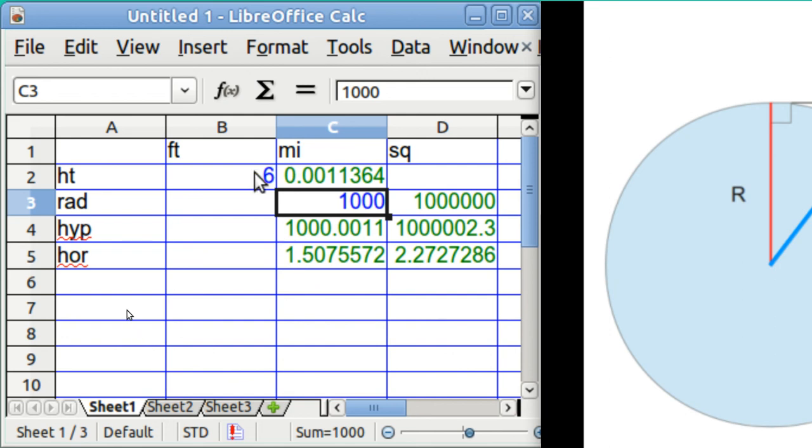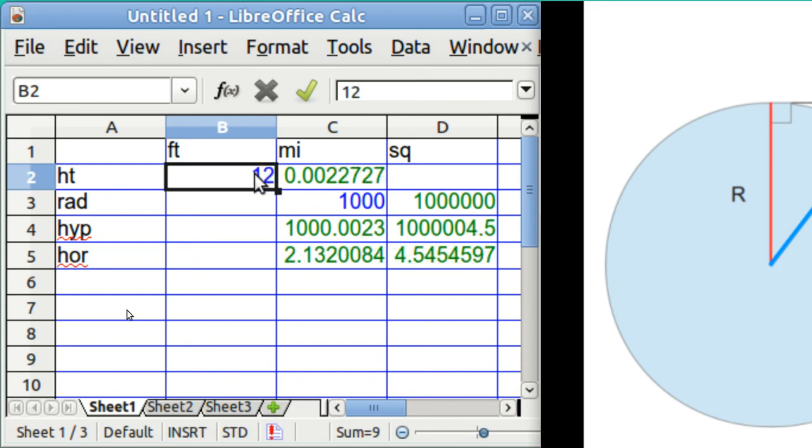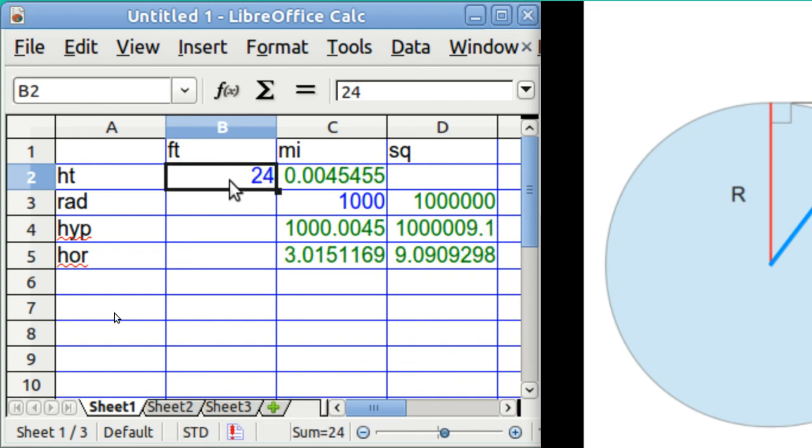In order to be able to see 3 miles on the moon, you'd have to be standing on something. You'd have to be 24 feet in the air in order to see 3 miles.